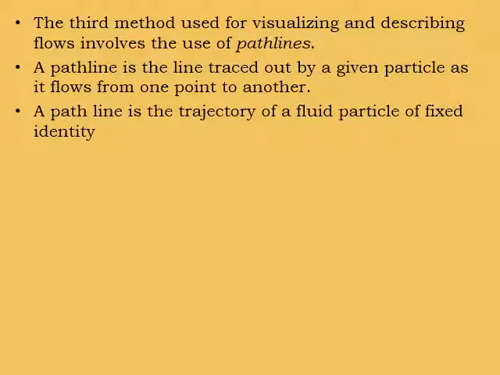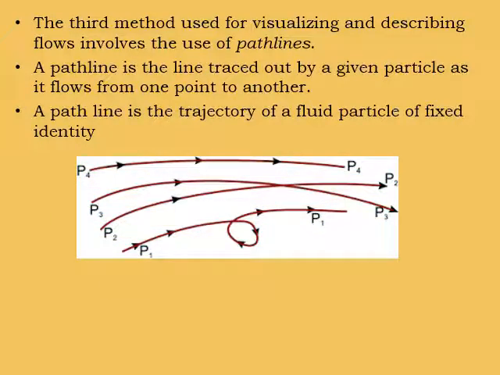A path line is the trajectory of a fluid particle of fixed identity. Here we can see the path followed by different fluid particles, 1, 2, 3, 4, which represent 4 different fluid particles, and P represents the path followed by these 4 fluid particles.